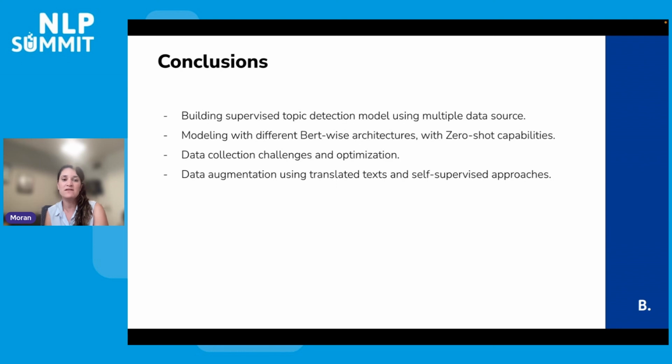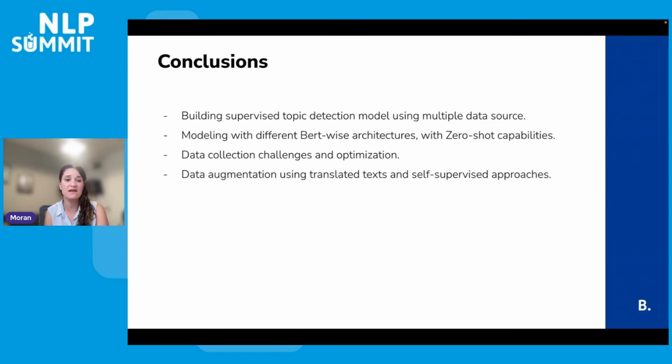We discussed data collection challenges and optimization. We optimize the data collection using partial labeling on the high probability texts that are relevant to specific topics, and then we add randomness, and then we don't have to collect so many, and we collect the texts that are relevant for specific topics.